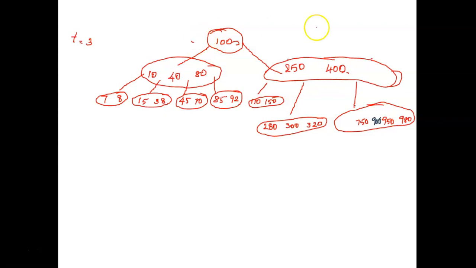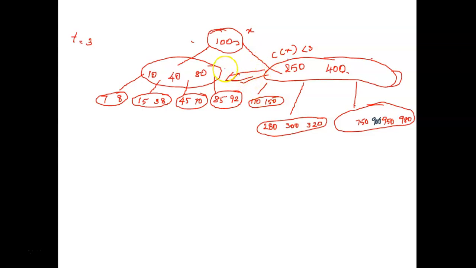So 400, I find this is x and this is child of x. Okay. So now I may have 400 here, but here t is less than 3. So I find the possibility of combining it with my sibling. So who is the sibling? This is the sibling. Okay.